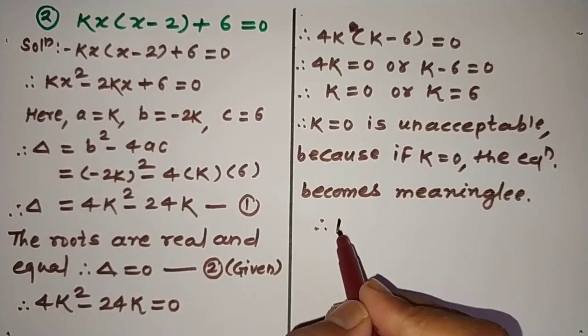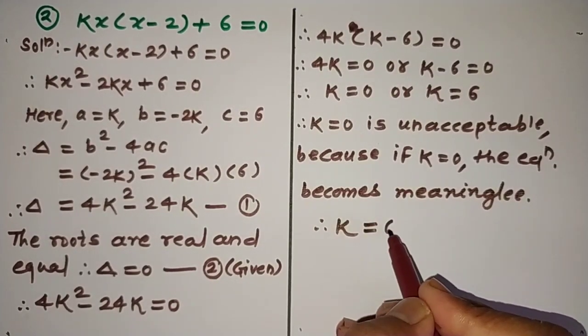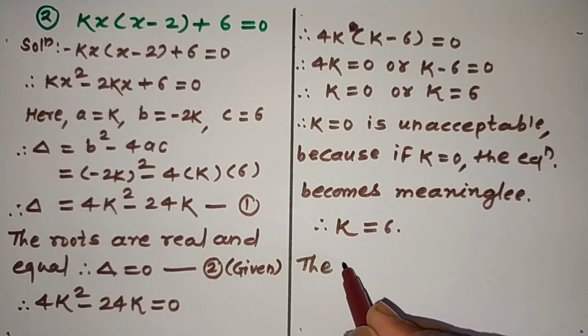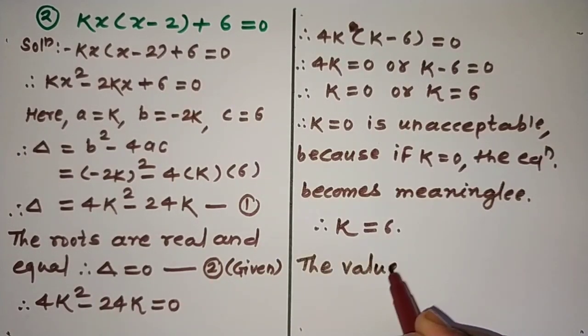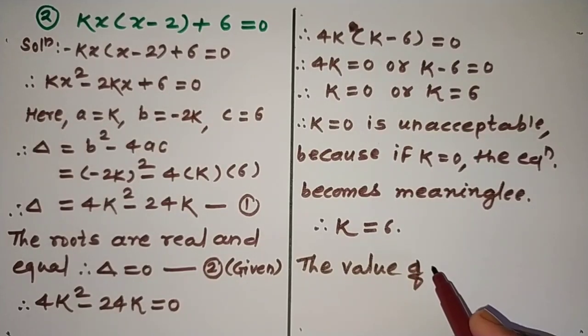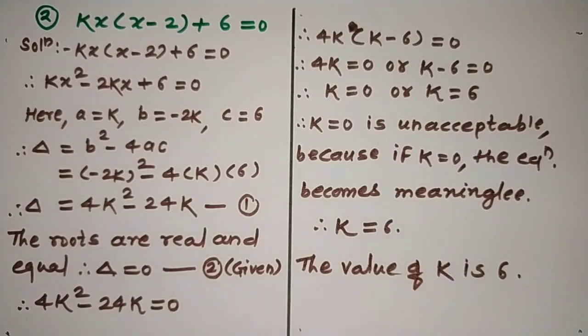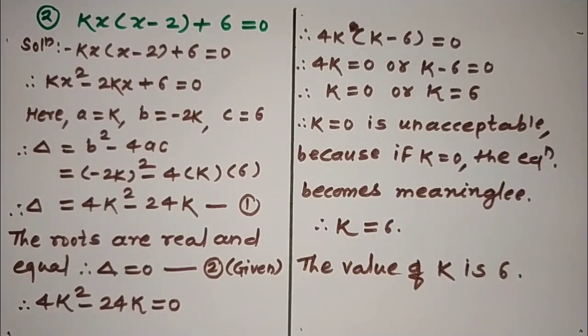Therefore k is equal to 6 and the answer, the value of k is 6. In this type, solve the above example.